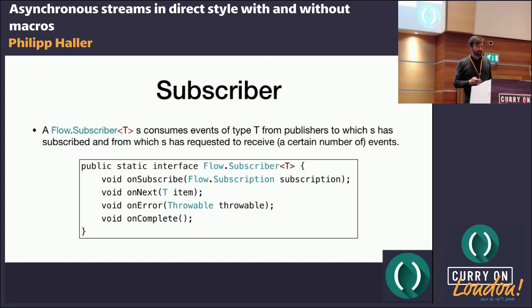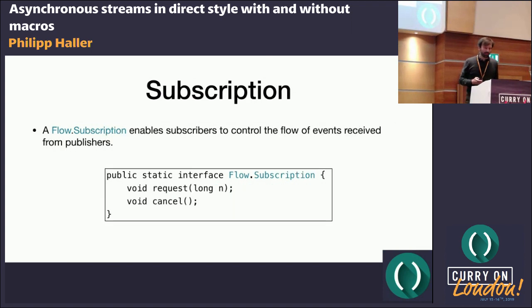The one thing that's maybe more surprising is the subscription interface, and that's what's used by subscribers, right? They basically say, when I'm subscribed to a publisher, the publisher cannot send me anything until the subscriber has called request, specifying how many events the subscriber is ready to receive.